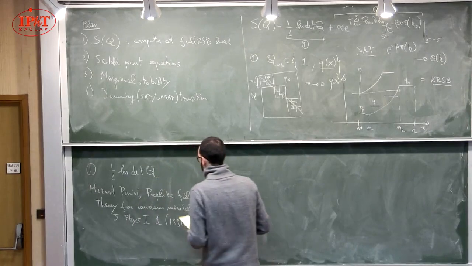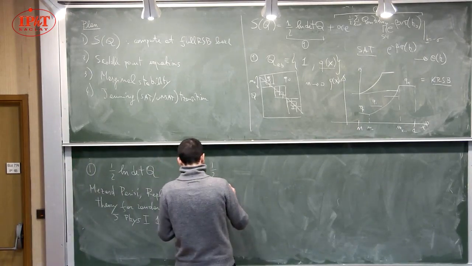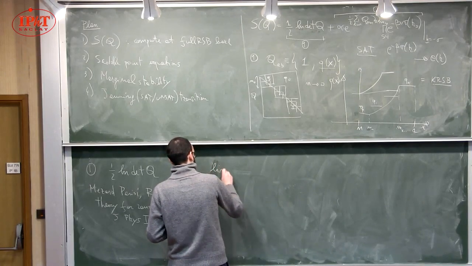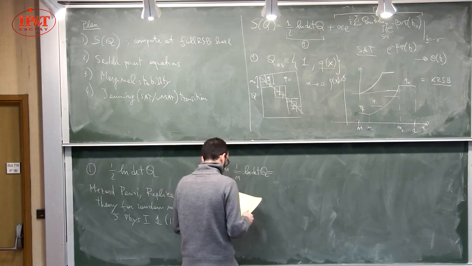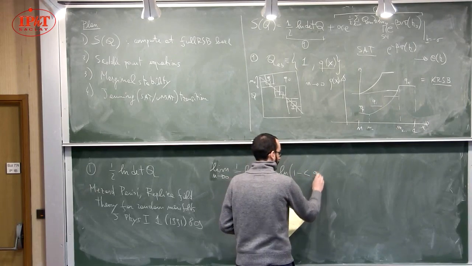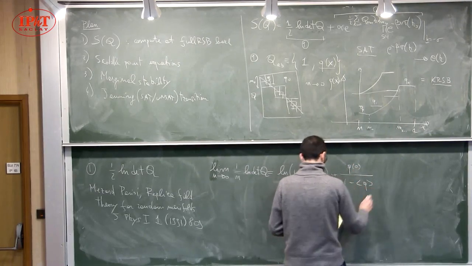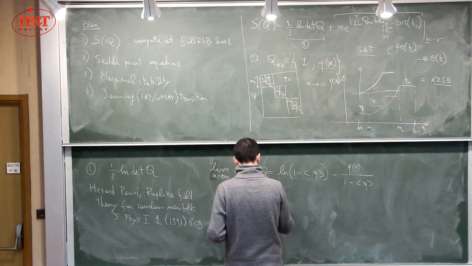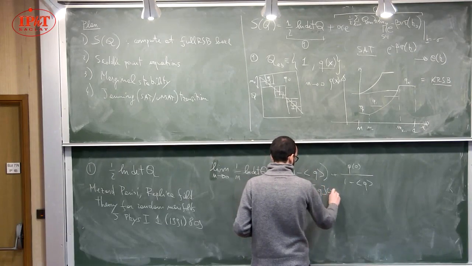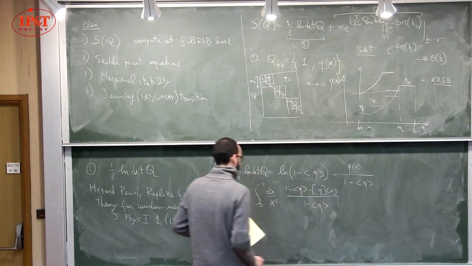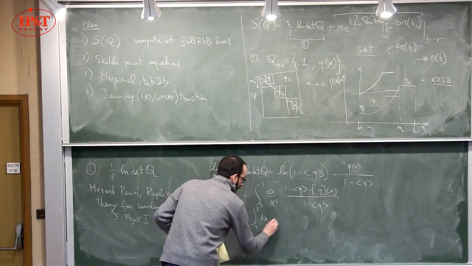Okay, so the formula for this is the following. Maybe I will try to derive it in the notes, but I don't want to discuss it here. Here the average of q is just the integral from 0 to 1 of q of x.